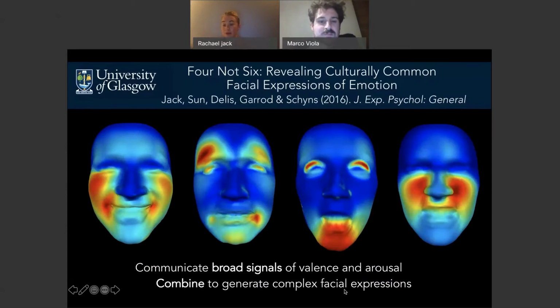So here what we found is really a systematic structure which is common across cultures and is really based on these 4 distinct expressive patterns.